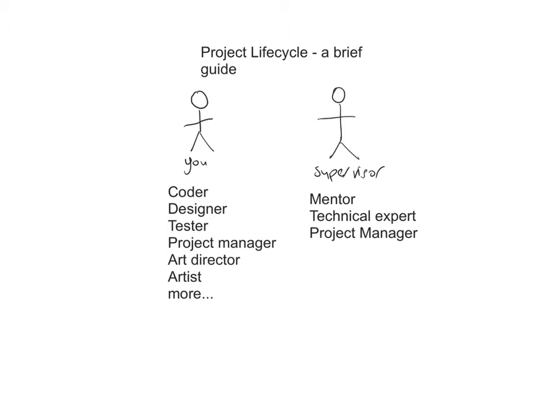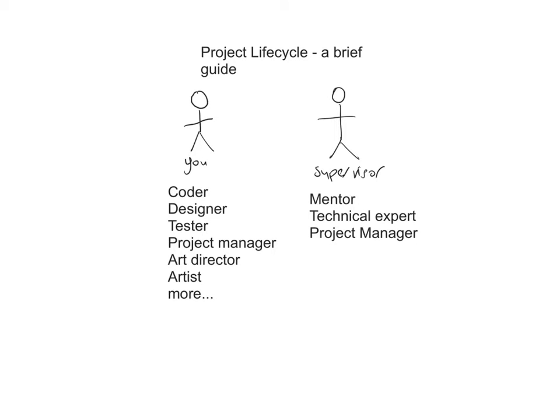One as a mentor, possibly a technical expert, maybe in the area of your project, which would be great if that's the case, but often it may not be the case and you may seek other people for some expertise. You also may see them as a project manager, someone who guides the project, sets out the tasks for the project. And so as we go on to discuss this software lifecycle that we may adapt for these types of projects, we will bear in mind and consider these things.